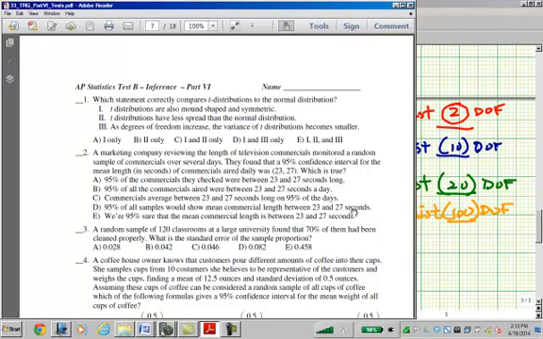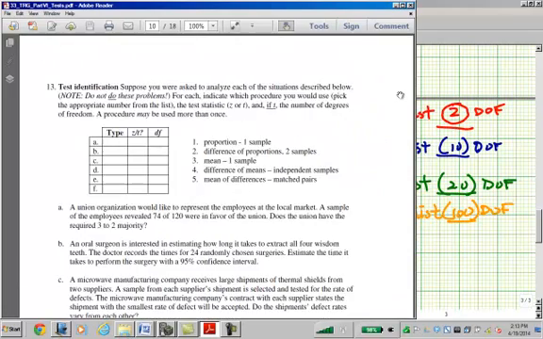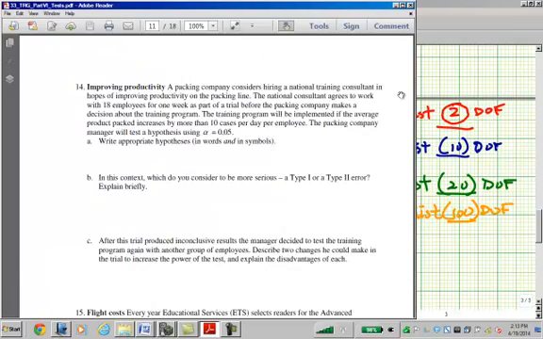E, we are 95% sure or confident that the mean commercial length is between 23 and 27 seconds. That is correct. That is the correct phrasing for a confidence interval. Now let's go on to test C and see what it has for this question.